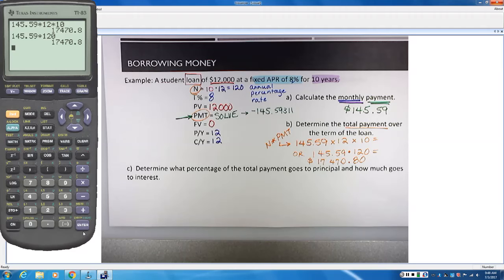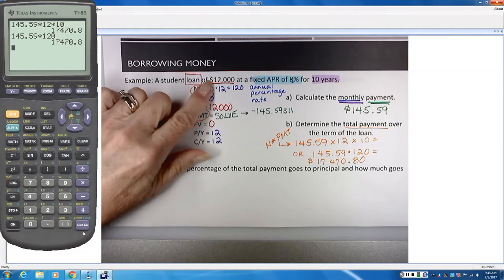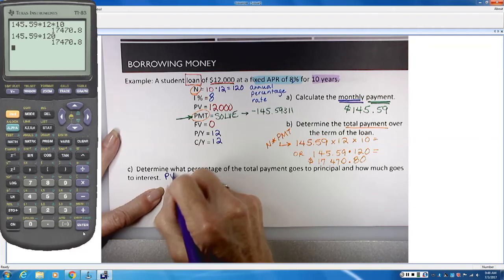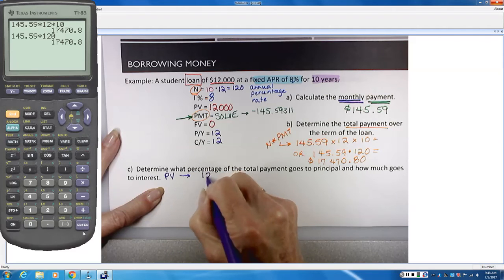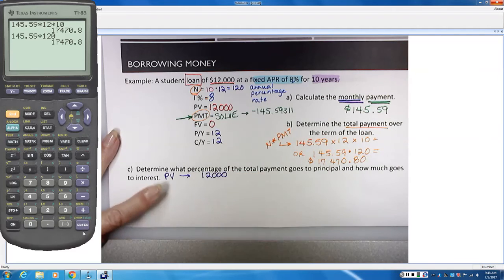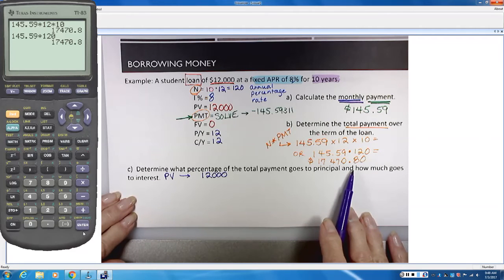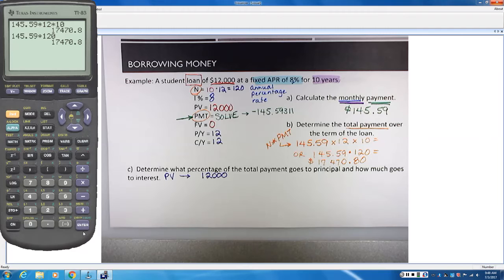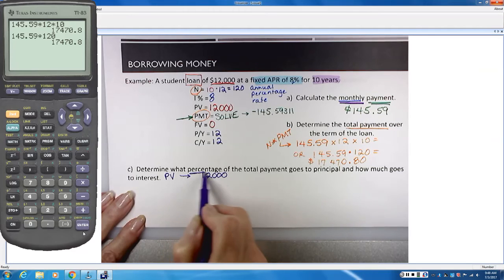So what we have to do to figure that out is we take the $12,000 we originally borrowed, and if we wanted to find out how much of this was interest, then we would subtract our $12,000 from it. And when we do that, we would know how much, but this says what percentage, right?